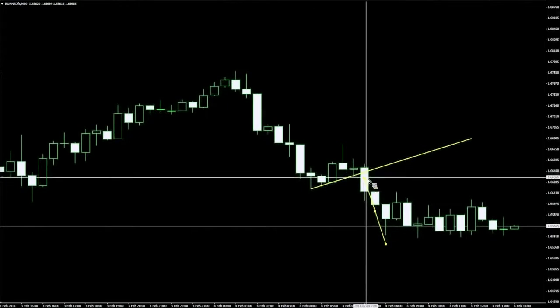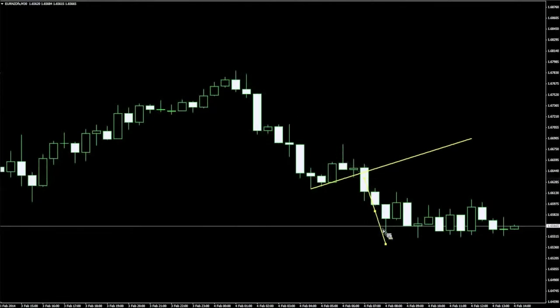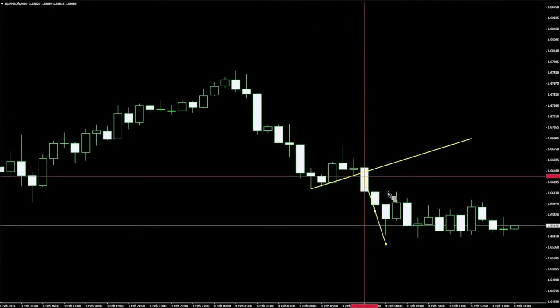And what we want to do is get into this, and instead of using a 50 pip stop or a 100 pip stop, we want to get into this trade using a much smaller stop on a smaller time frame. All right? And then what we do is we mark the next candle after this one, because it's all going to happen here. Then we mark the bottom of that wick, and that gives us a crosshair.